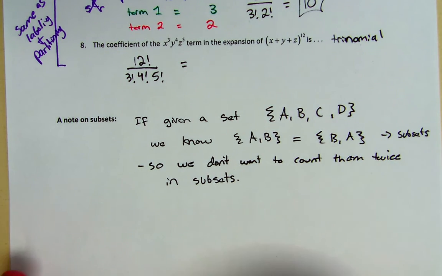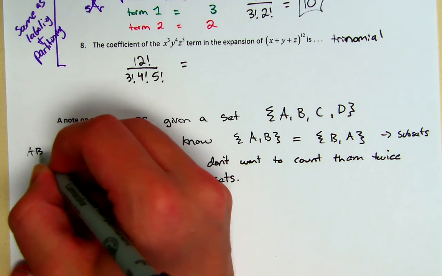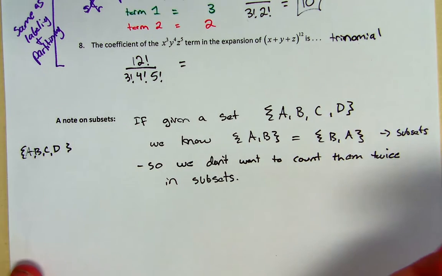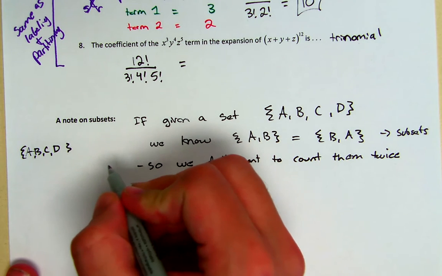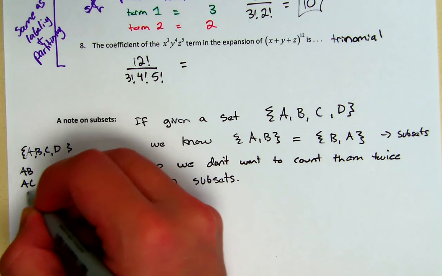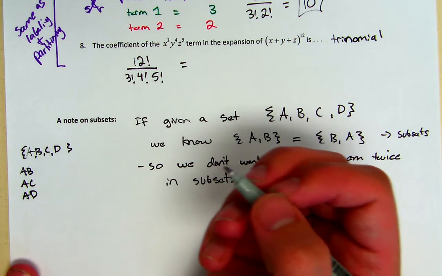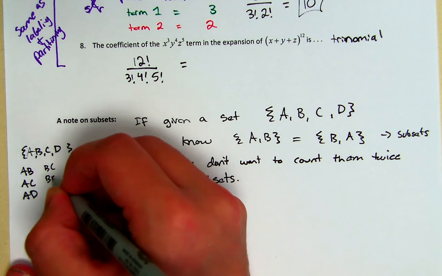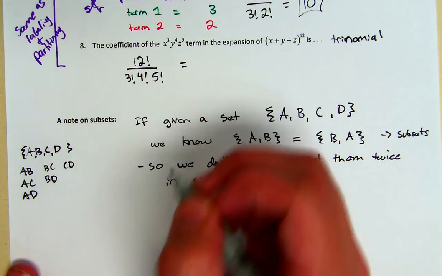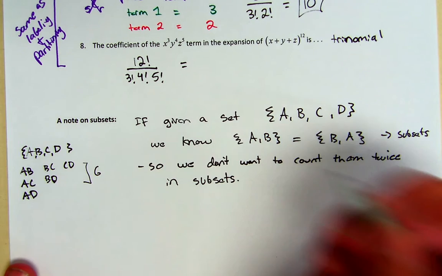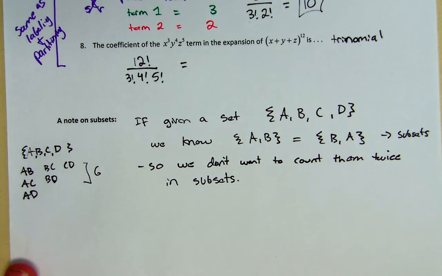So if I were to just take A, B, C, D off the side and not repeat any sets, well, I have A, B, C, D. That's one set. I can do all sets of 2. A, B, A, C, A, D. Well, now I can't repeat anything. So now I have B, C, B, D, and then I have C, D. Well, how many total sets is that of 2? That's 6. Now what about sets of 3?